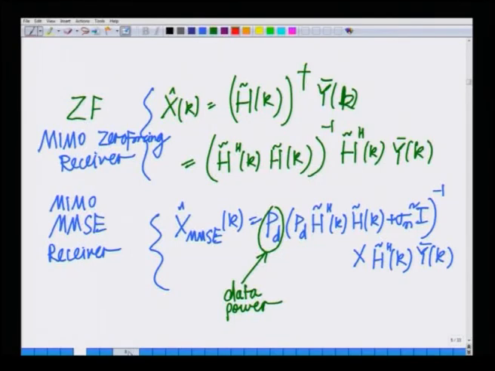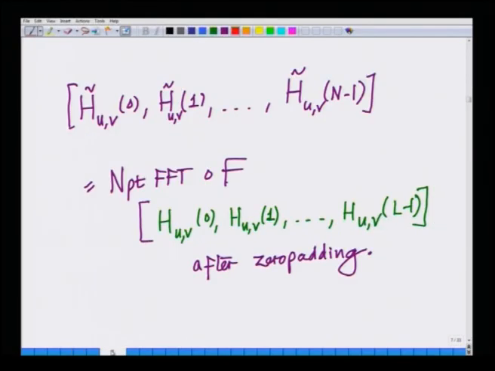And with that, we had also said, how do you obtain the channel matrix across each subcarrier? We said that if you consider the uvth element of all these channel matrices across each subcarrier, there are n such elements from 0 to n minus 1. They are nothing but the n point FFT of the uvth elements of the channel tap matrices h0, h1, up to hl minus 1.